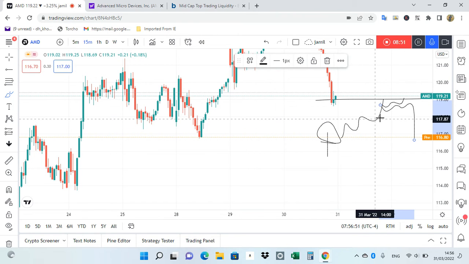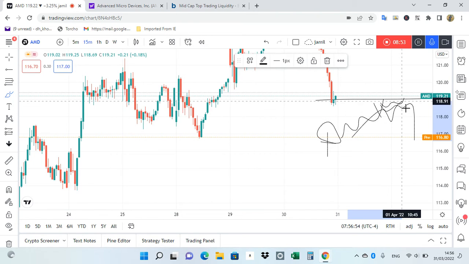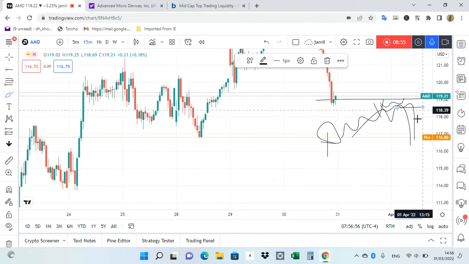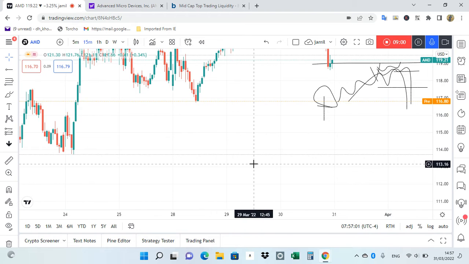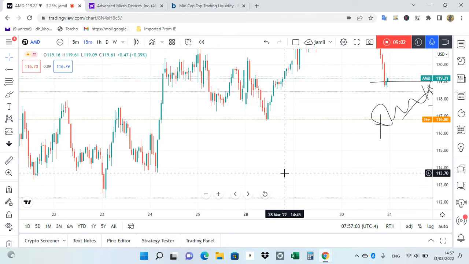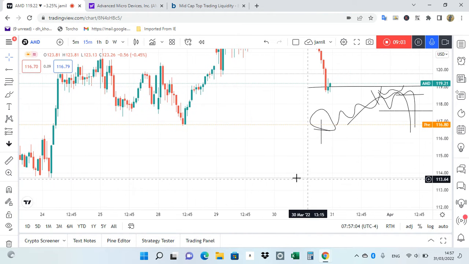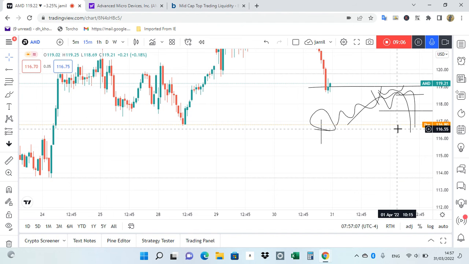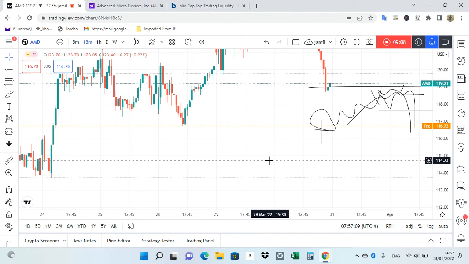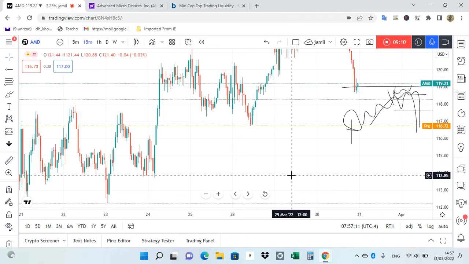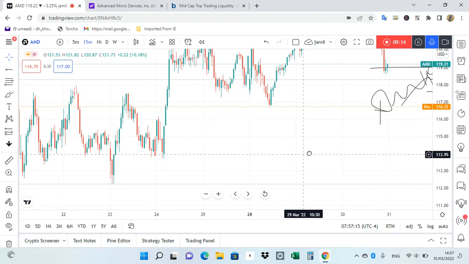If we make an M pattern here, we just put our stop loss here and short the market. That's it. We don't have to do many things. We just wait for the market to signal that it is going negative. 114, 115 are the resistance, and these are the support for the market.